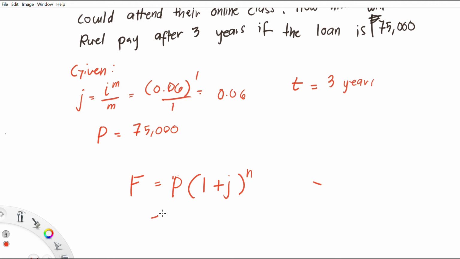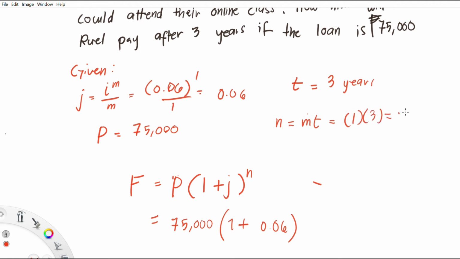So we have our P as 75,000 pesos, 1 plus J, 0.06, and our N, which is the number of payments, is M times T. We have 1 times 3 years, which is 3.